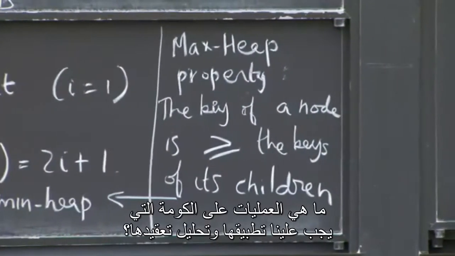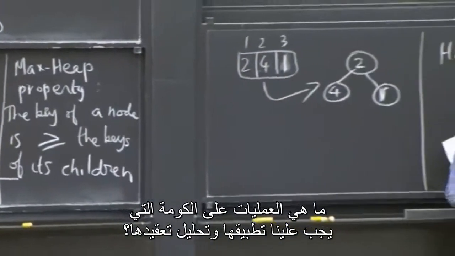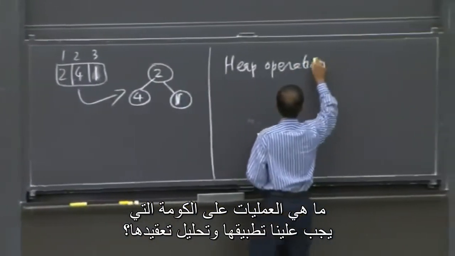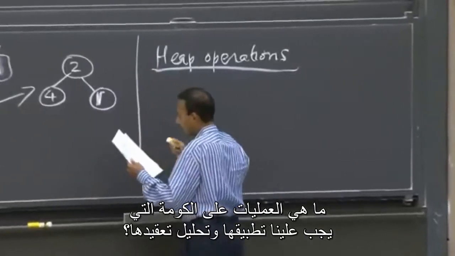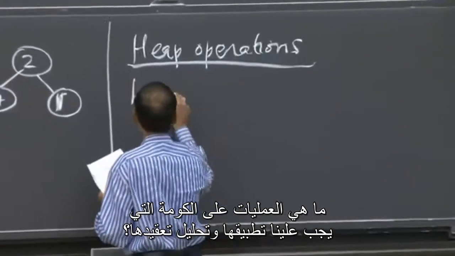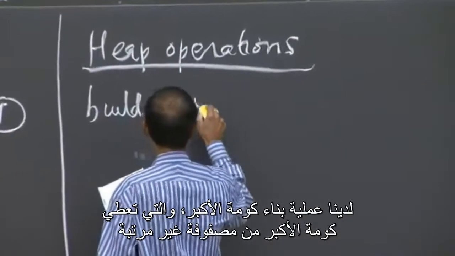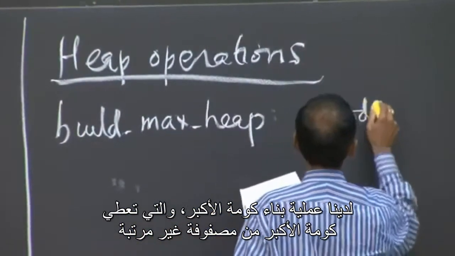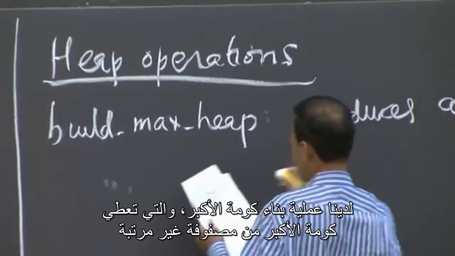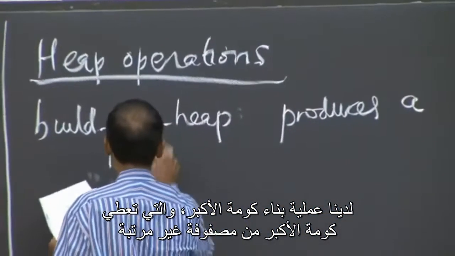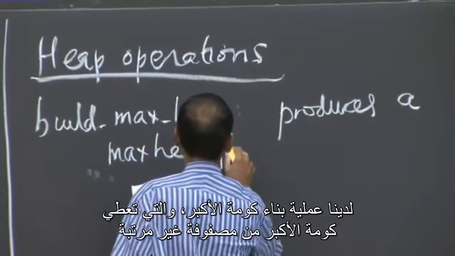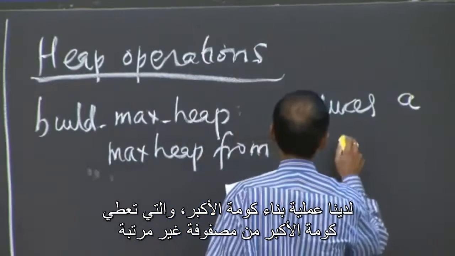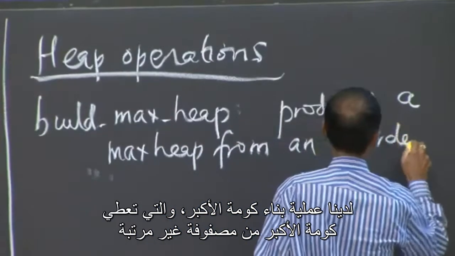So what are the heap operations that we have to implement and analyze the complexity for? Well, we're going to have build max heap, which produces a max heap from an arbitrary or unordered array.